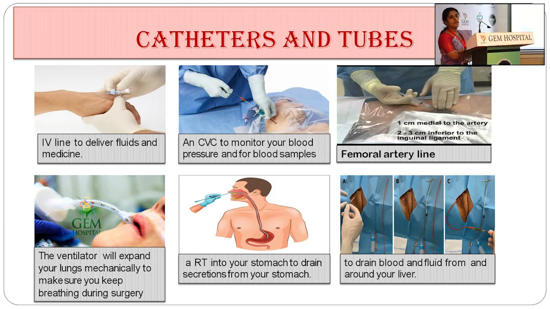The catheters and tubings which will be inserted during the surgery include an IV line to deliver fluids and medicine, a central line to monitor the blood pressure and for taking blood samples, and a femoral artery line, and an ET tube to ventilate the patient during the surgery for giving mechanical support to the lungs, and a Ryle's tube in position to drain secretions from the stomach, and a drain tube which is to drain the fluid from the abdomen.